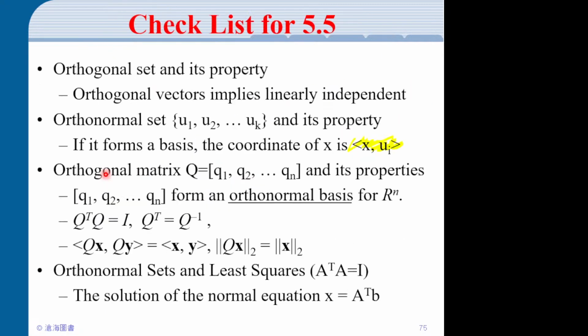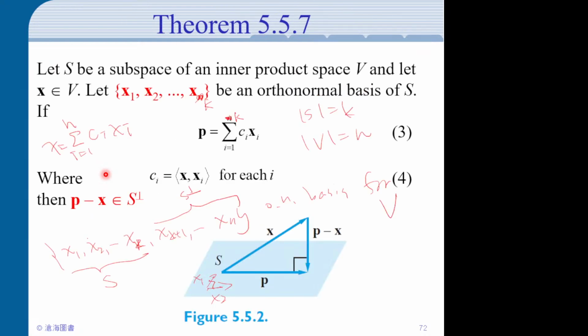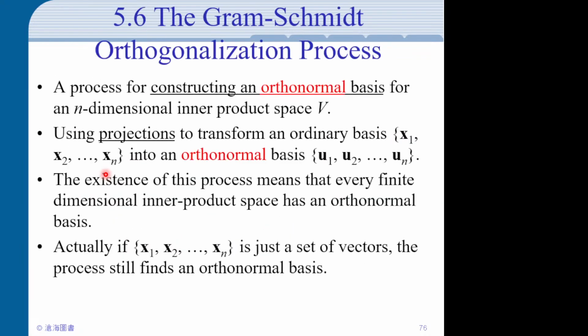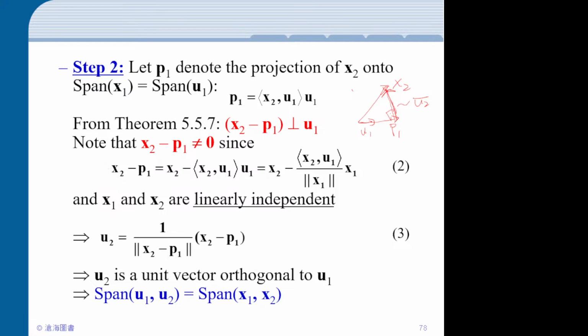By the thing we just talked about, 5.5.7, you calculate the projection using the inner product and subtract it out, and the remaining part will be orthogonal to u1. So we find something orthogonal to u1, and this will help you construct u2. The details we'll see next time.